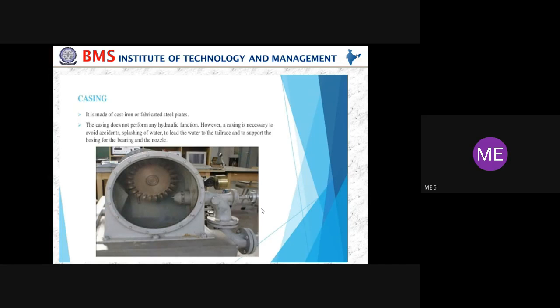Here the water has potential energy, and that potential energy is converted into kinetic energy when the water hits the buckets or blades of the turbine. Hence, the potential energy of water is converted into kinetic energy first.